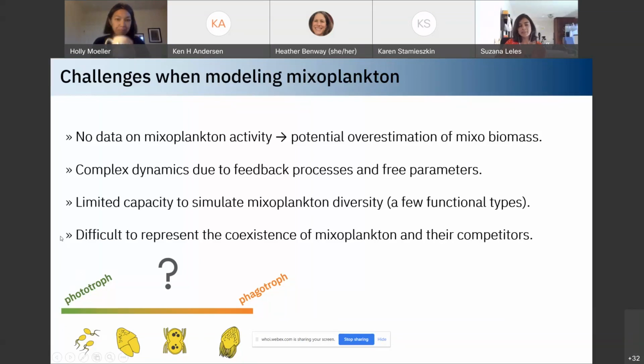And finally, who works with these models which have many functional types also knows that it's very difficult to represent the coexistence of different strategies, and this is also the case here. So sometimes it's difficult to make mixoplankton coexist with their strict autotroph or heterotroph competitors. This can both underestimate or overestimate their impact on ecosystem functioning.